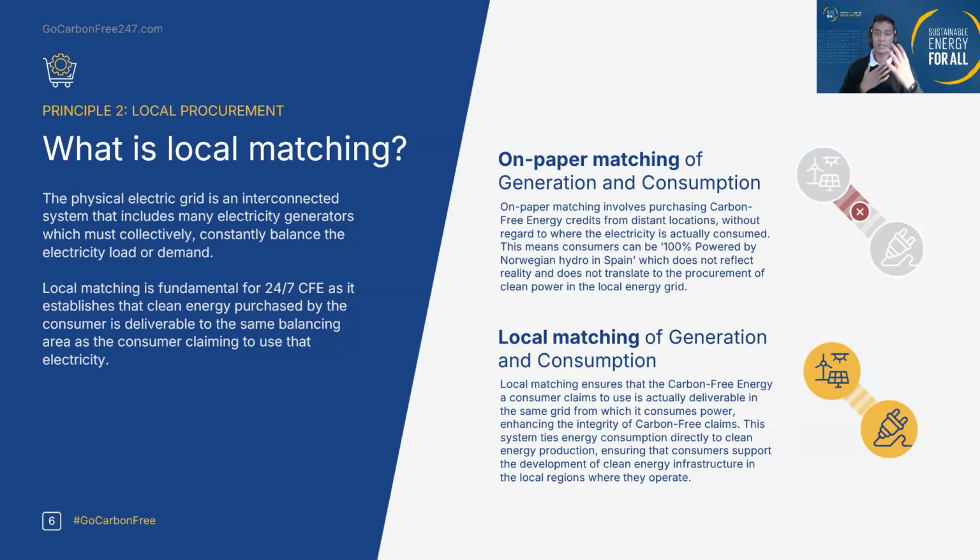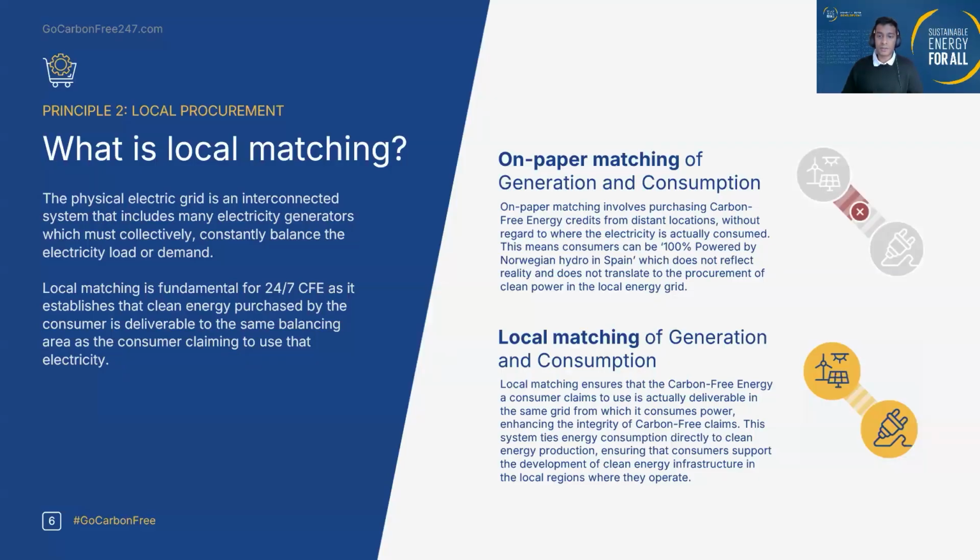So the other key principle within the compact is that matching should be considered within an area which actually has deliverability, where we can verifiably state that the point of consumption can be matched or aligned with the point of generation.